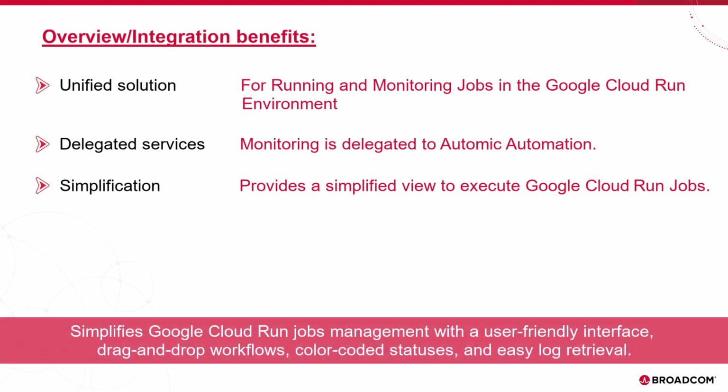Automic Automation lets us build configurations with intuitive interfaces like drag-and-drop workflows and supervise processes in simple dashboard tools designed natively for operations. Statuses are color-coded, and retrieving logs is done with a basic right-click. From an operations perspective, Automic Automation highly simplifies the configuration and orchestration of Google Cloud Run jobs.